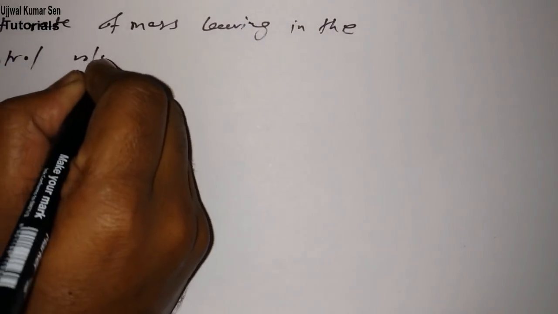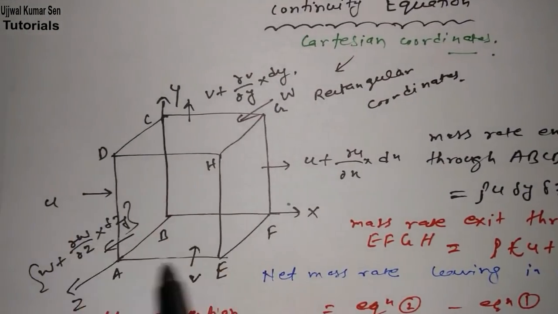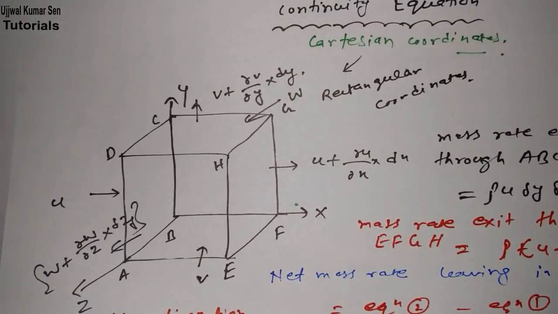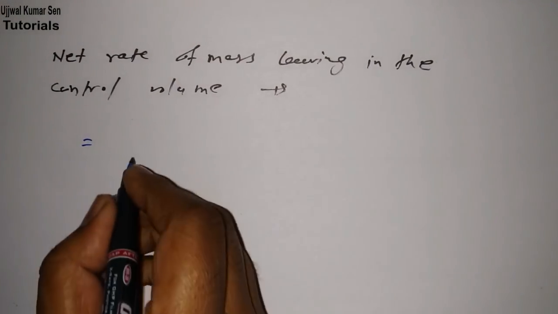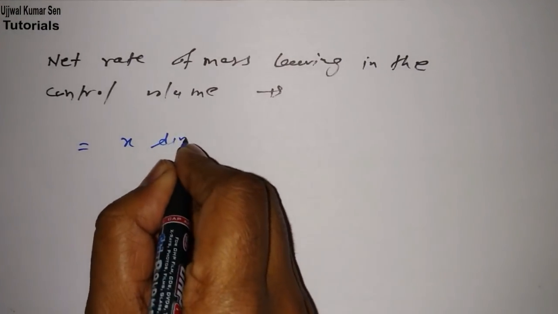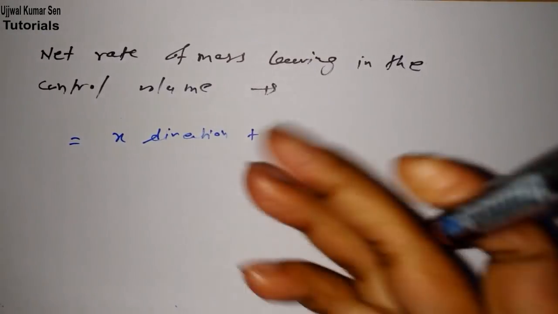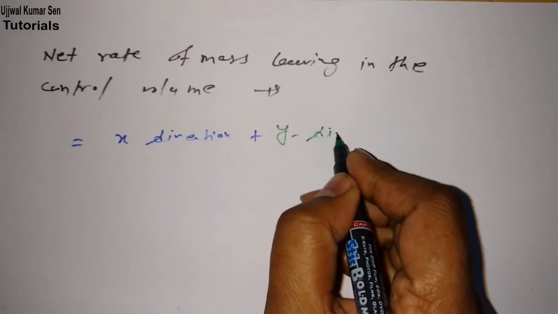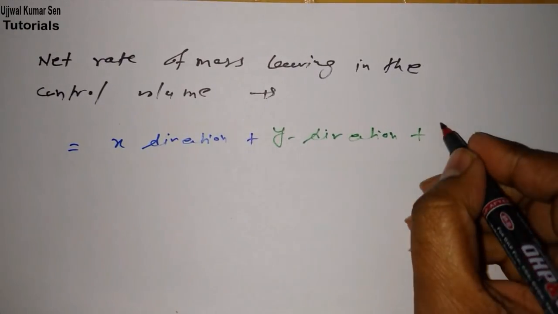control volume. So what is the meaning of control volume here? Here control volume means this rectangular or Cartesian coordinate element. What exactly we are doing is adding how much is leaving in the x direction first, plus in the y direction, plus in the z direction.